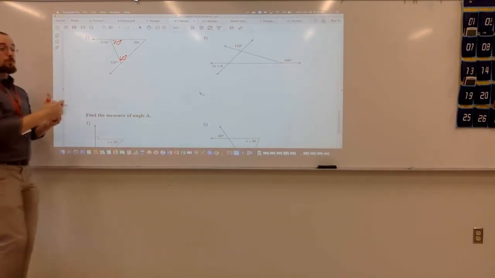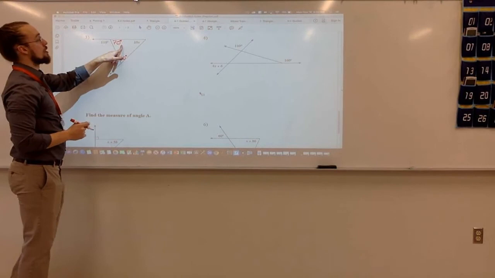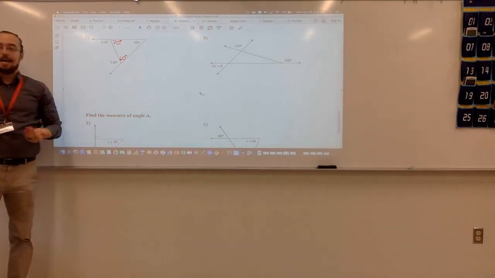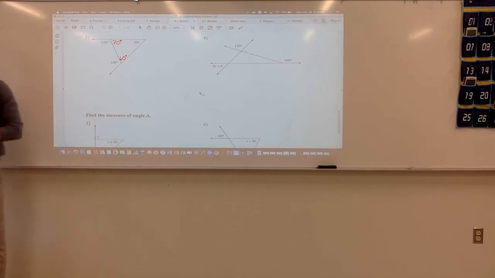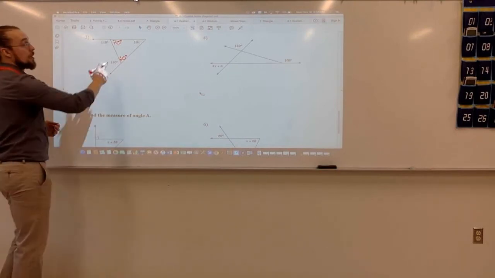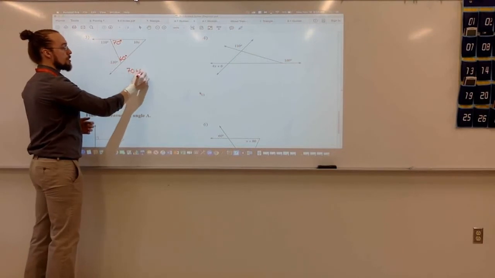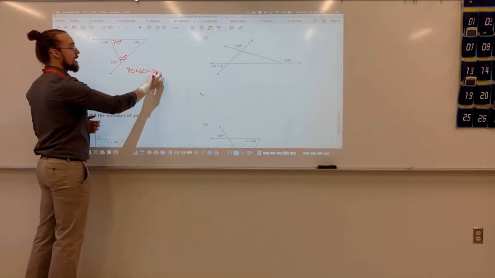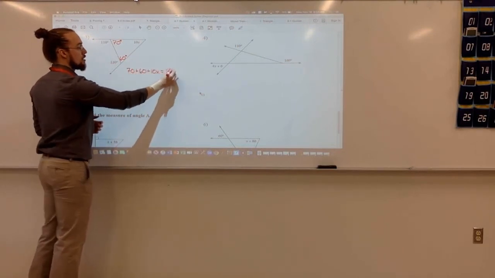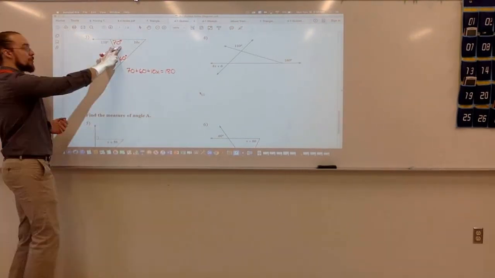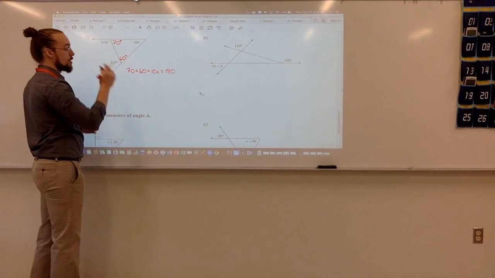So now we can set up the same type of thing we did in numbers 1 and 2. You have to multiply that by 10. Yeah, you're right. So when we set this up, we'll have 70 plus 60 plus 10x equals 180. So add all three angles inside of the triangle together.